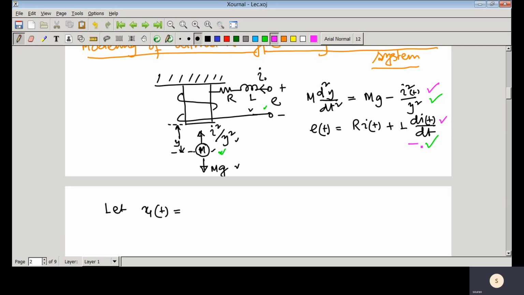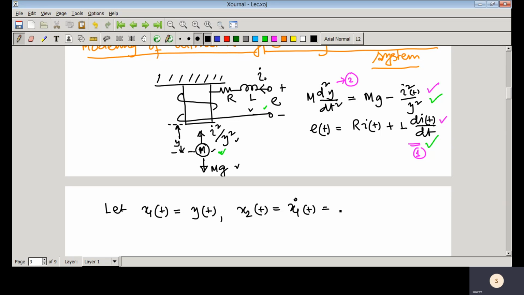Here the order is 1, and here the order is 2. The number of state variables required to represent the system is the sum of the orders, that is 1 plus 2, which is 3. So 3 states are needed to represent the system in state space form. Let us first define x1(t) equal to y(t), that is the distance, and then x2(t), the derivative of the first state.